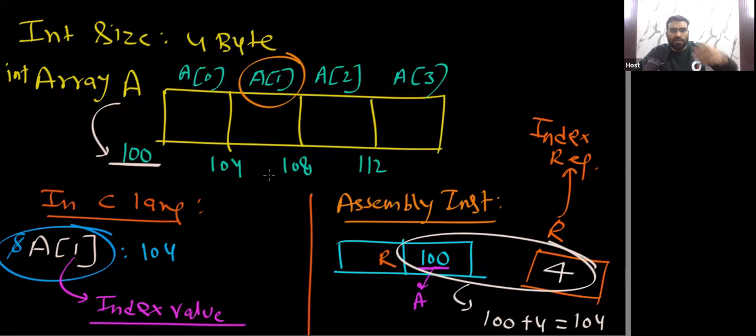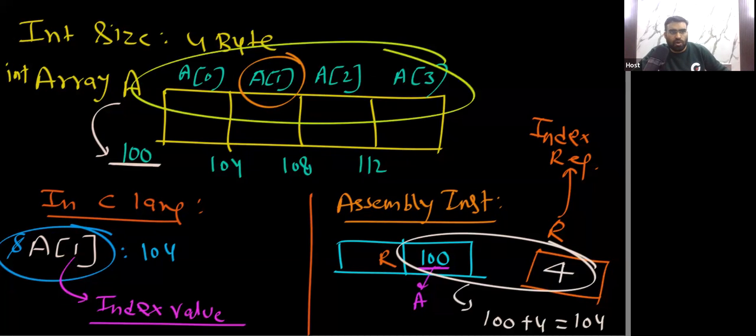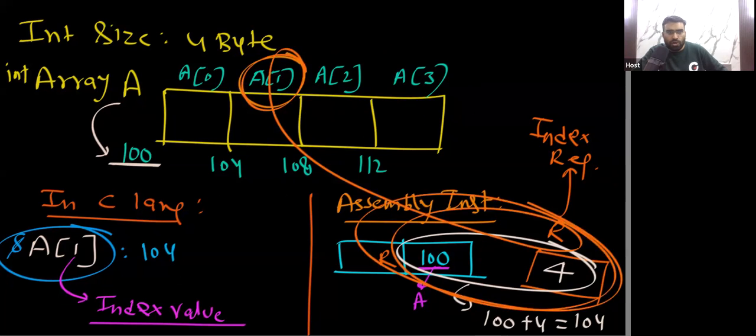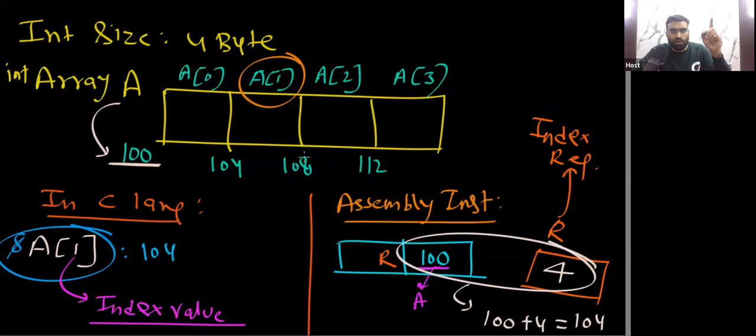On the low level, these types of clever things will not work. On the low level, everything is very straightforward. In the C language, this will work. You can write the index value, and the compiler will do the conversion for you.